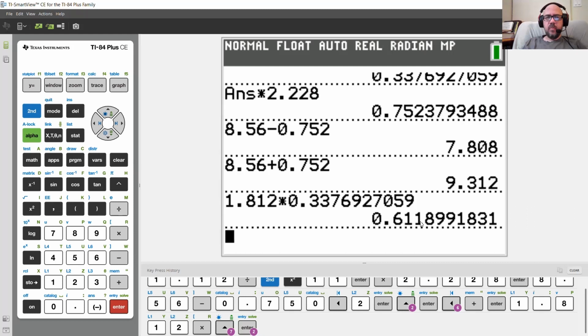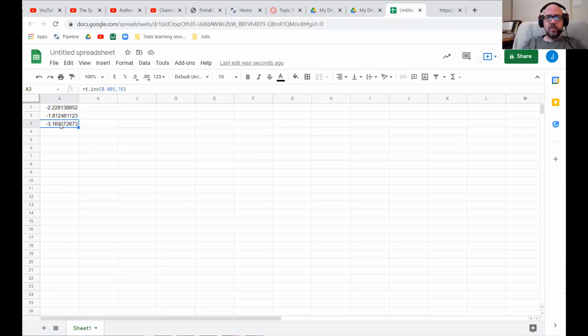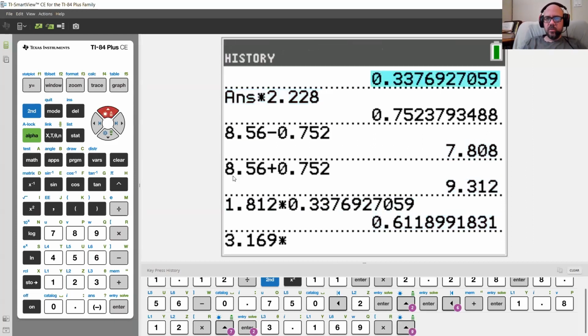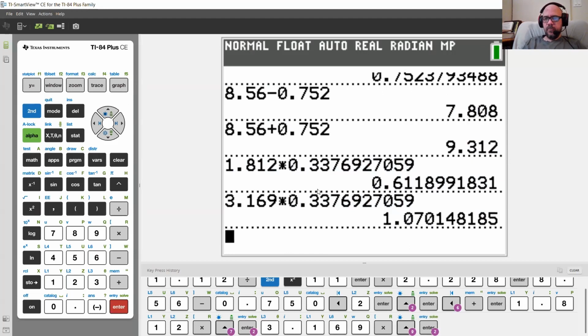Same thing, if I wanted to make a 99% confidence interval, I would use 3.169. I get 3.169 times the size of one standard error, 1.07. That's how far I go on either side of my sample mean.